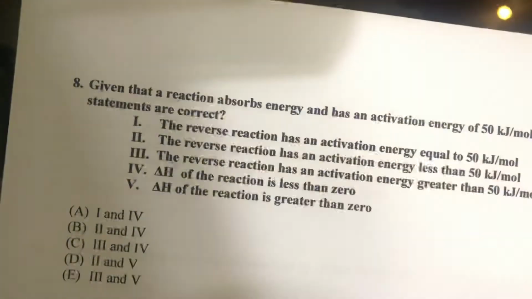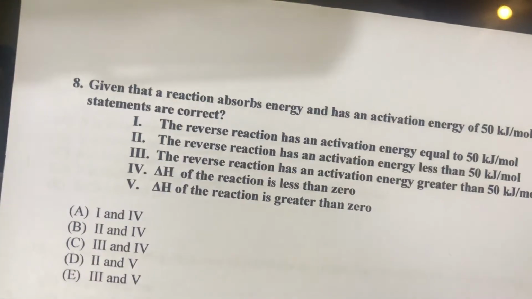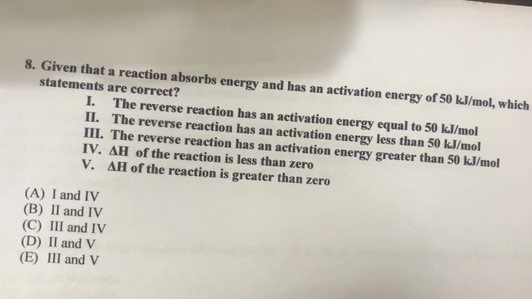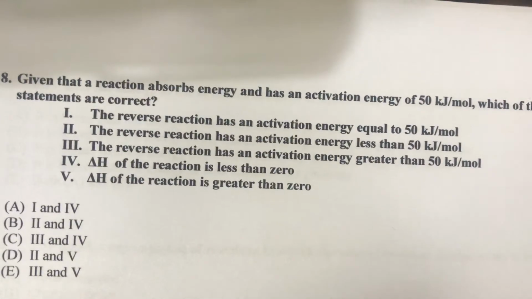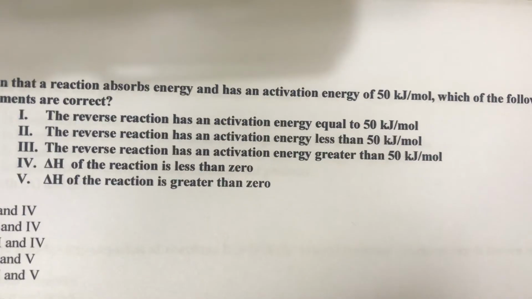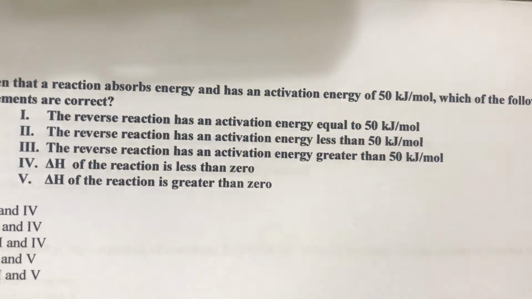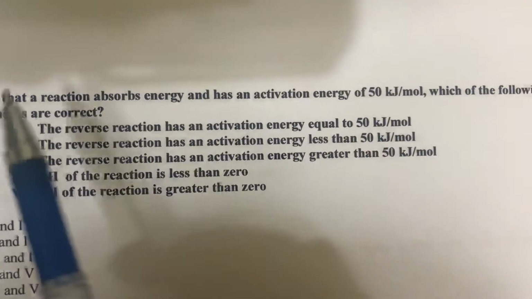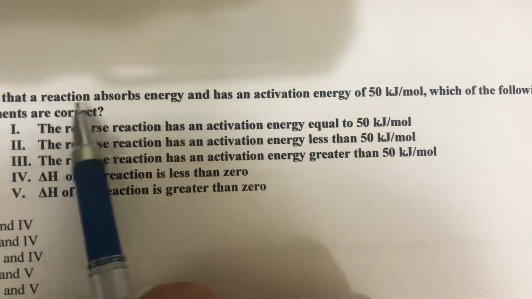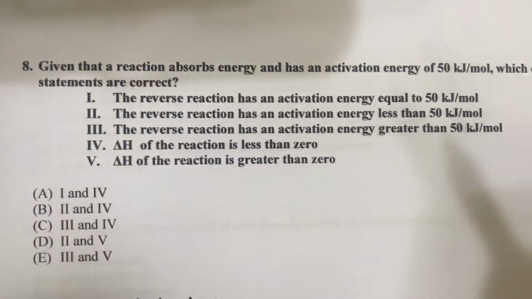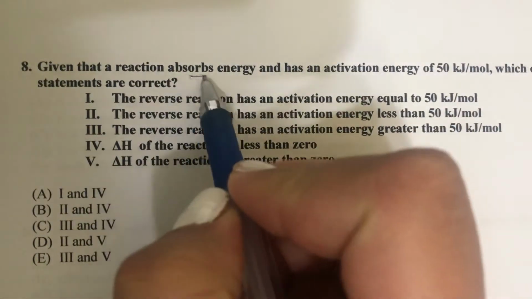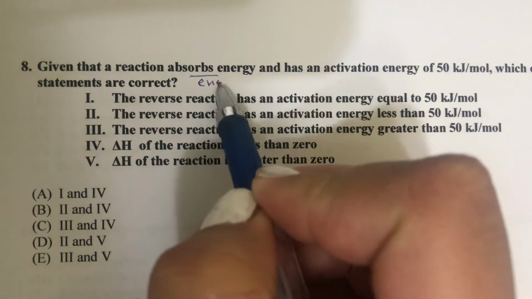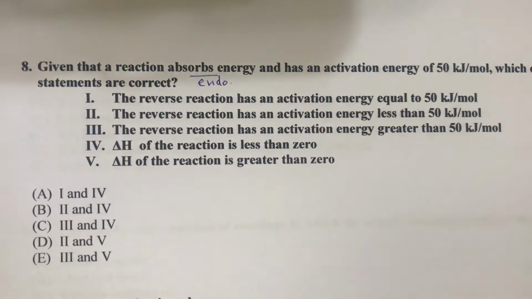Question 8. Given that a reaction absorbs energy and has an activation energy of 50 kilojoule per mole, which of the following statements are correct? Okay, here the reaction absorbs. Absorbs means it's an endothermic reaction.